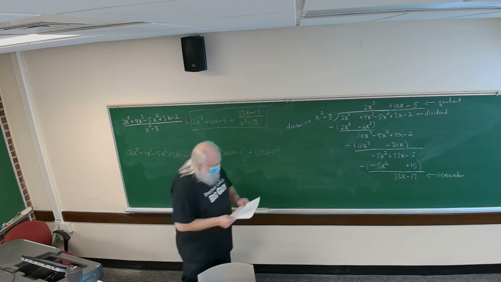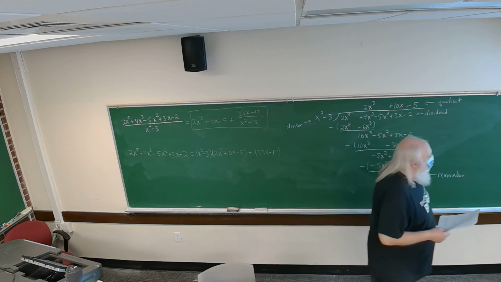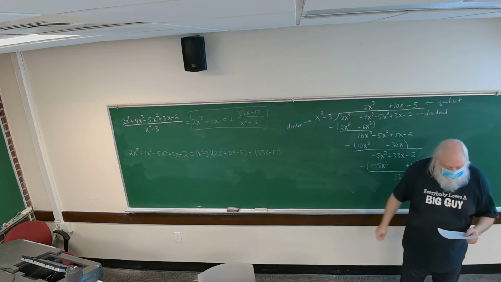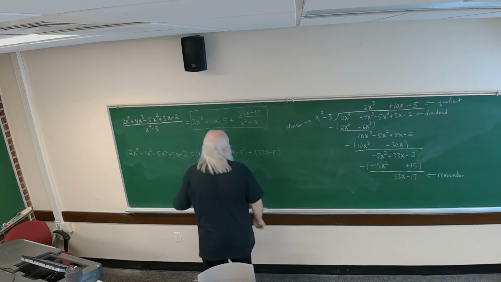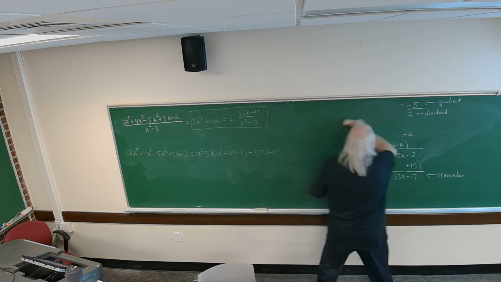So if a polynomial f of x is divided by a linear polynomial x minus c, then the remainder r is the value of the function f of x at x equals c. That is, f of c is equal to r. Okay? So let me show you this in equation form.